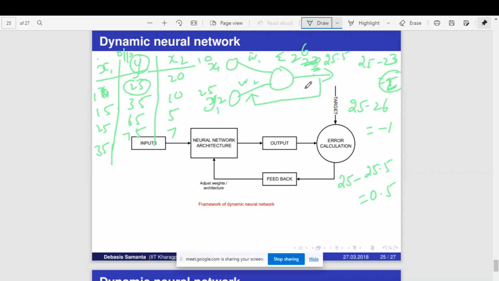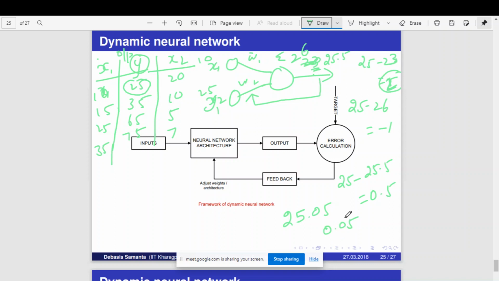Now you may get an output of 25.05. So if you subtract, the error is 0.05, which is very small, right?